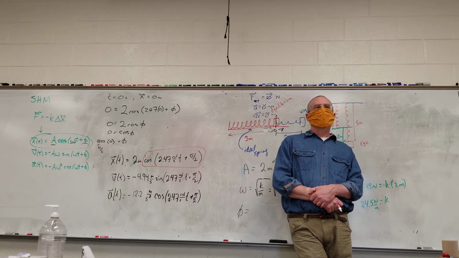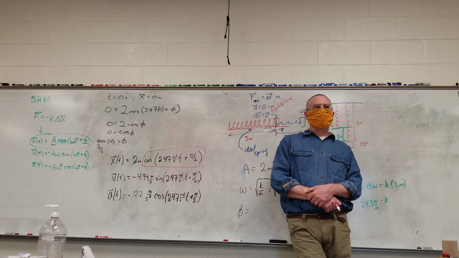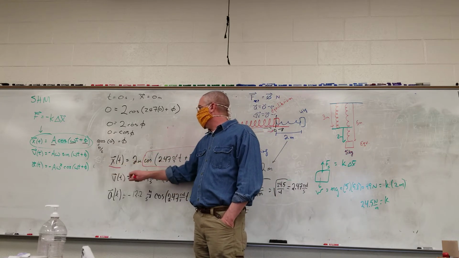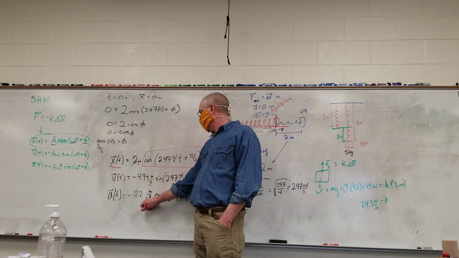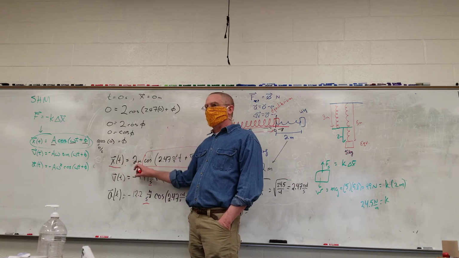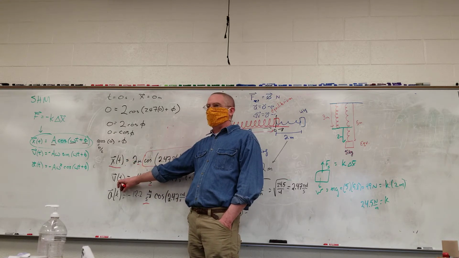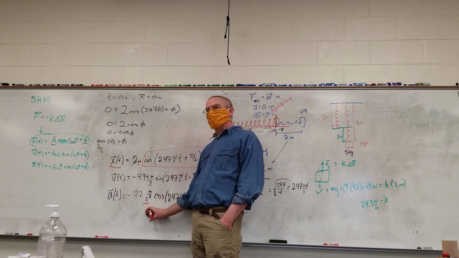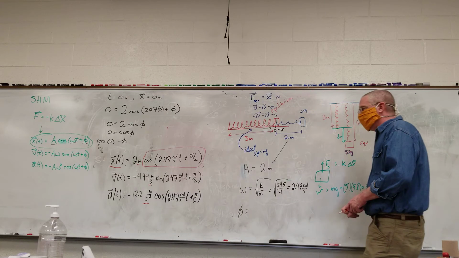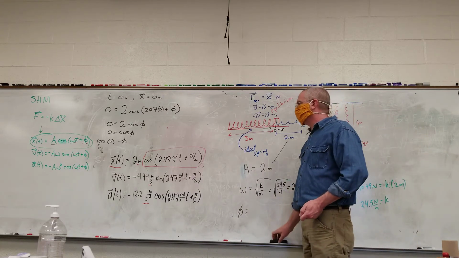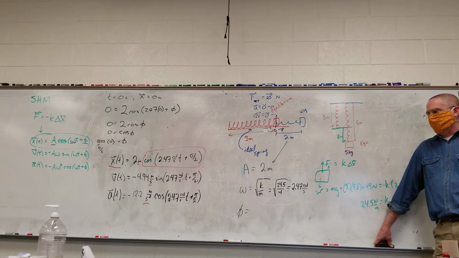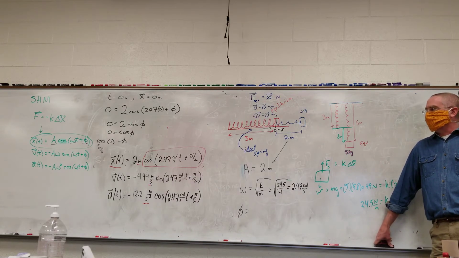So what are the units? There are none. Correct. So the units would be whatever the units of your coefficient are. Since this is position, it better be meters. Since that's a velocity, it better be meters per second, and acceleration better be meters per second squared. In SI units, yes. All right, so we've got that.